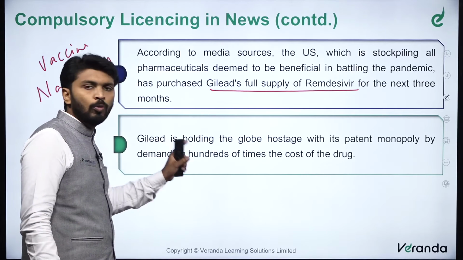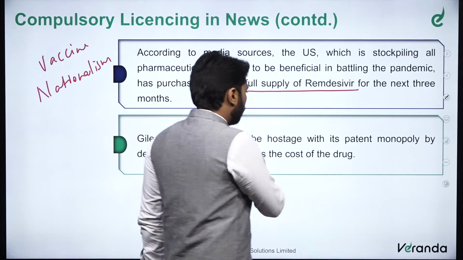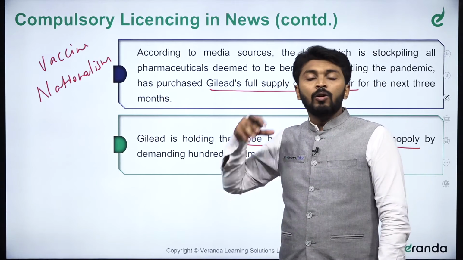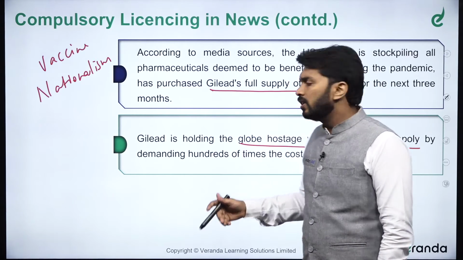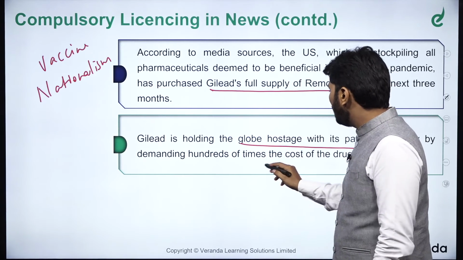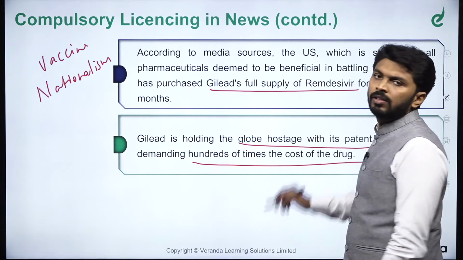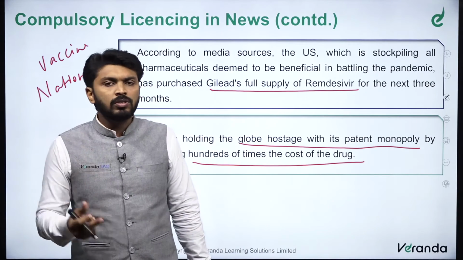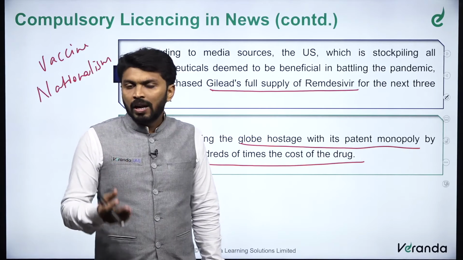Gilead is holding the entire world hostage with its patent monopoly by demanding hundreds of times the cost of the drug. They are selling the drug in the market with a huge profit margin. This is a pandemic time.